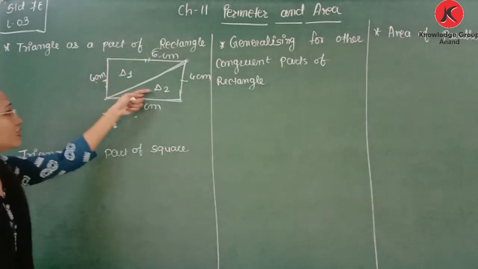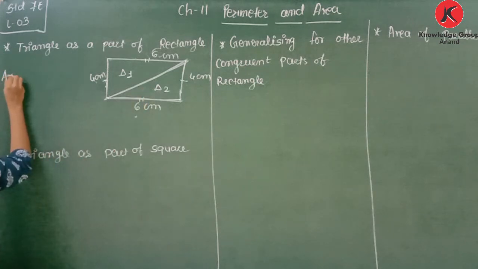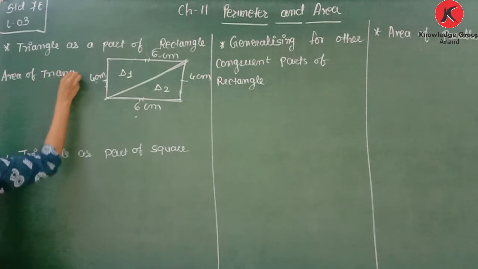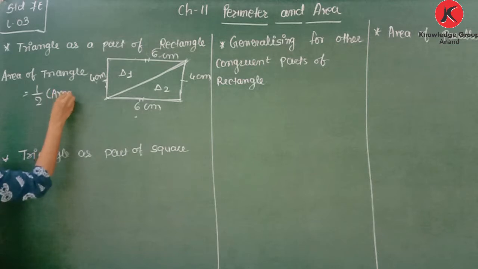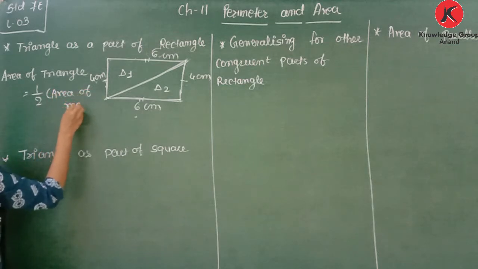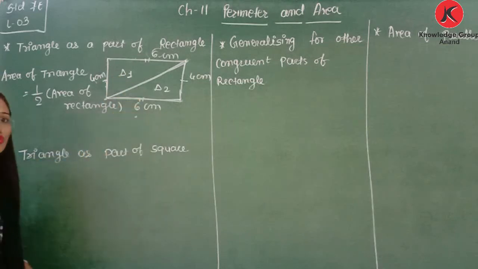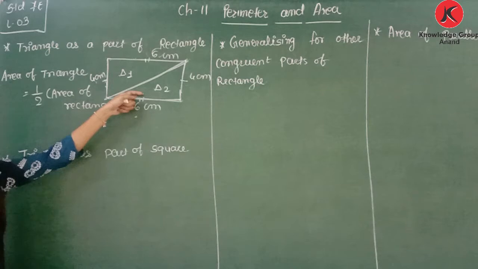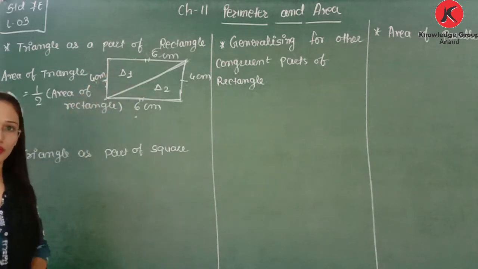If two triangles are same, then we can find the area of a triangle, which will be what? 1 by 2 area of rectangle. Why 1 by 2? Because it is divided into two equal parts. If two parts are same, then the area of a triangle will be 1 by 2 area of a rectangle.